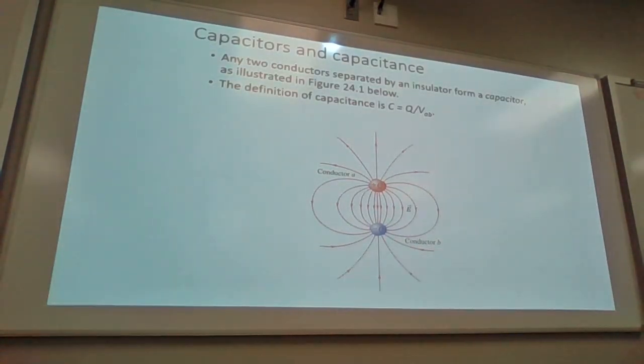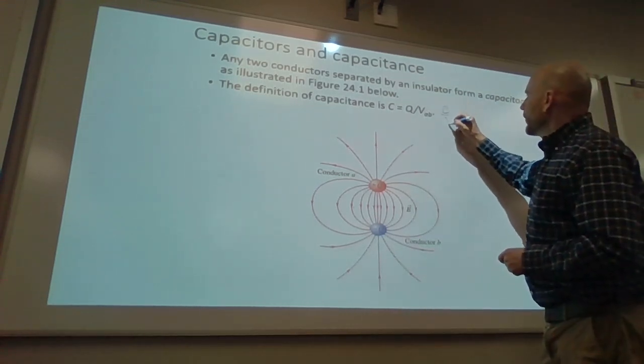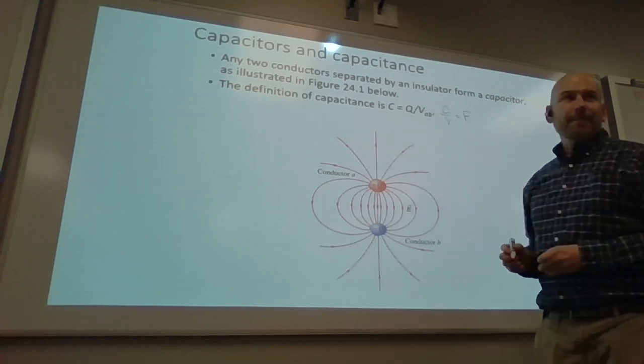I'm not suggesting that you're going to make that a capacitor, but you can find the capacitance. Those are weird circles. Great question. So the unit is coulombs per volt, which is a farad.